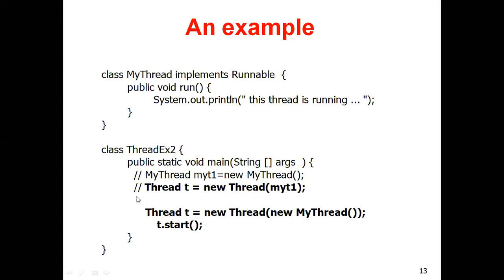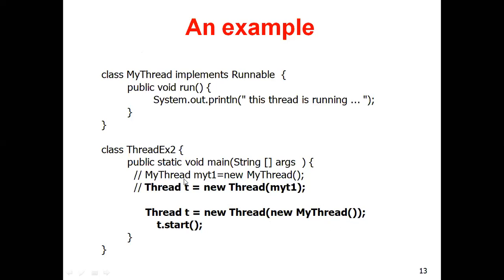Here, instead of creating an object for our user defined class, you can create Thread t directly with the Thread class, new Thread. Whatever the statements are, we are just appending here. So new myThread, where myThread is our user defined class name constructor.